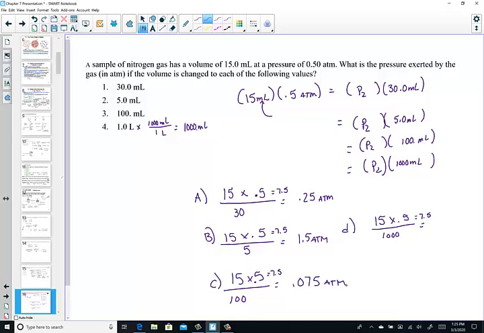And the last one, 15 times 0.5 divided by 1,000, and you get 0.0075. And that also is 2 sig figs.